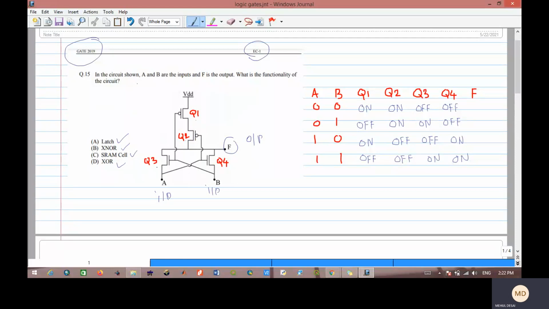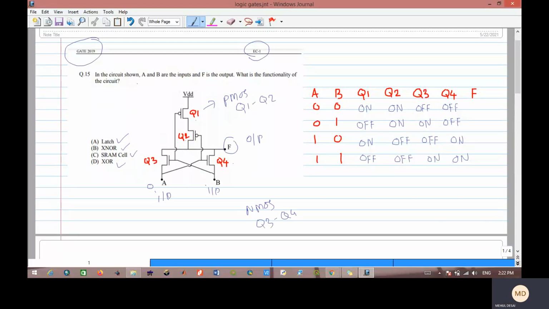Consider these as Q1, Q2, Q3, and Q4. Q1 and Q2 are PMOS, and Q3 and Q4 are NMOS. First possibility: 0 0.